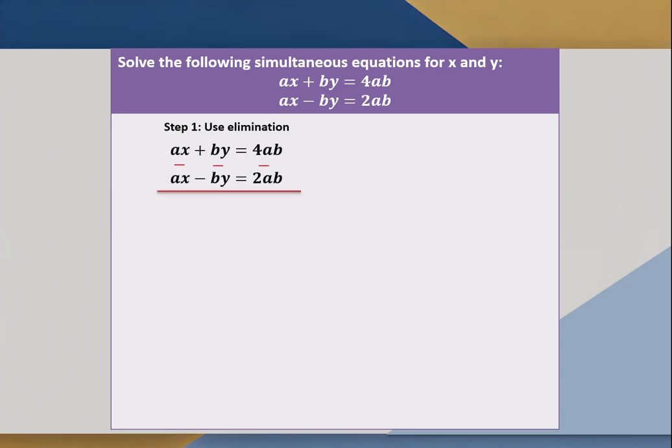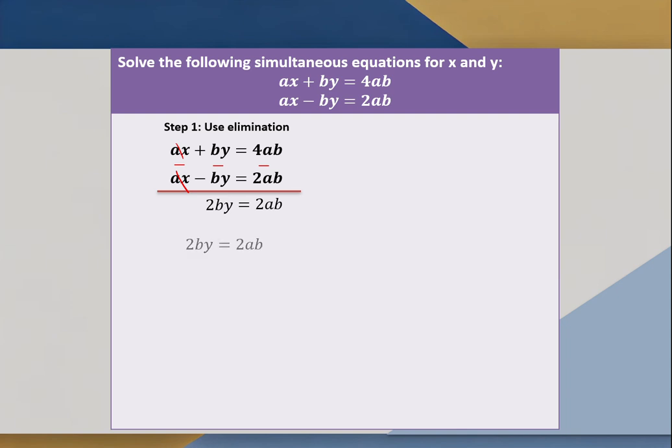I'm going to line my two equations up, and I'm going to take away ax, take away ax, cancels out. bx minus negative bx turns into a positive, so it's 2by. And then I've got 4ab, take away 2ab is 2ab.